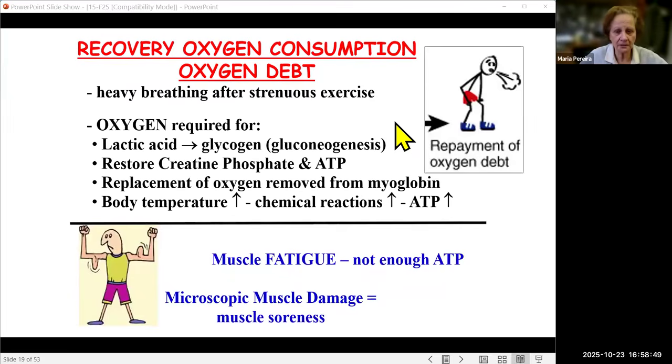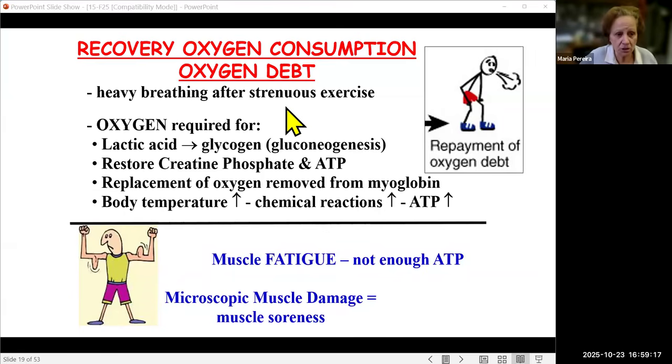So we go through all this, the muscles are moving, you're running, you're doing exercise. At a certain point, you're out of breath. You're huffing and puffing. So that means you have to replenish the oxygen in your body. And that's called the recovery oxygen consumption or oxygen debt. You used so much oxygen in the aerobic production of ATP that now you run out of oxygen.